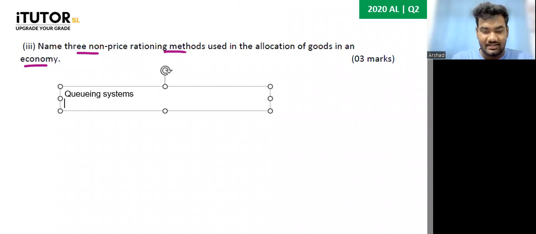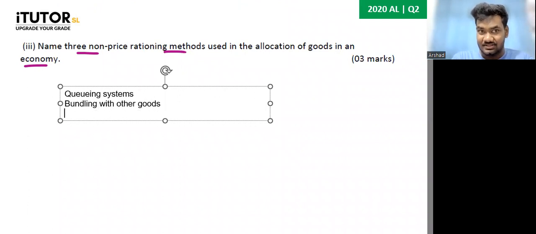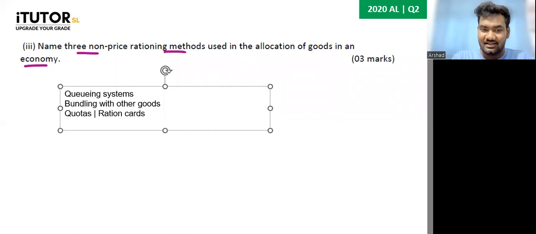What else? Bundling with other goods. Right, bundling with other goods. Quotas, or you can even say coupon systems, coupons, or you can say ration cards. Okay, coupons and this thing.